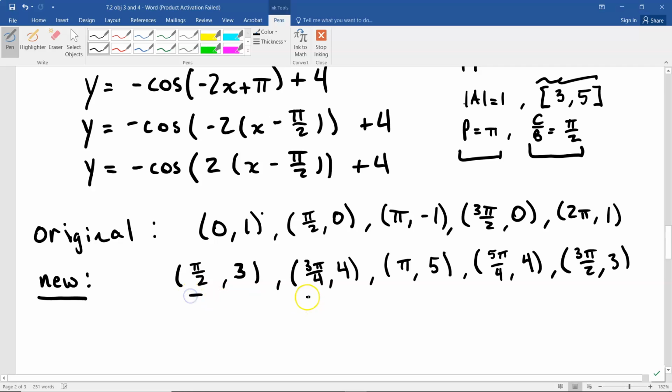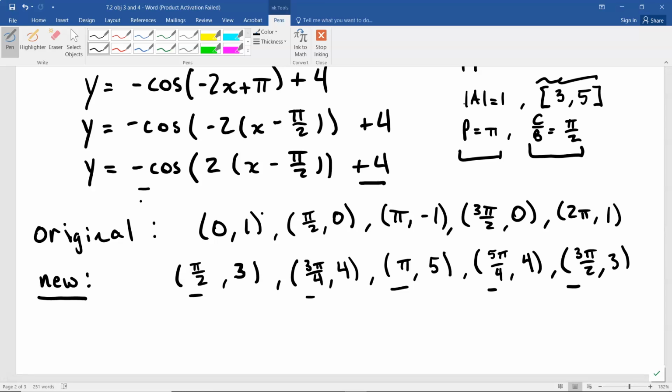So our x coordinates are the same ones from our last example. However, this range has changed pretty significantly. Now we don't have any negative y coordinates, and that's because this vertical shift is so high compared to what the amplitude is, which is just 1 in this case.